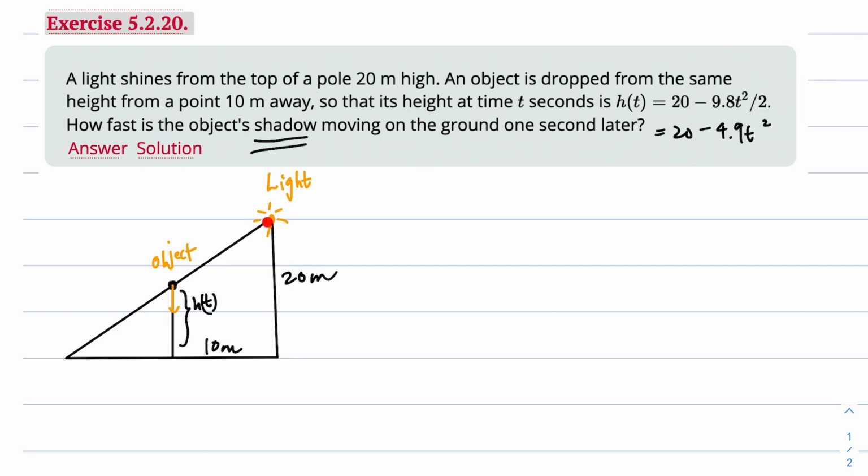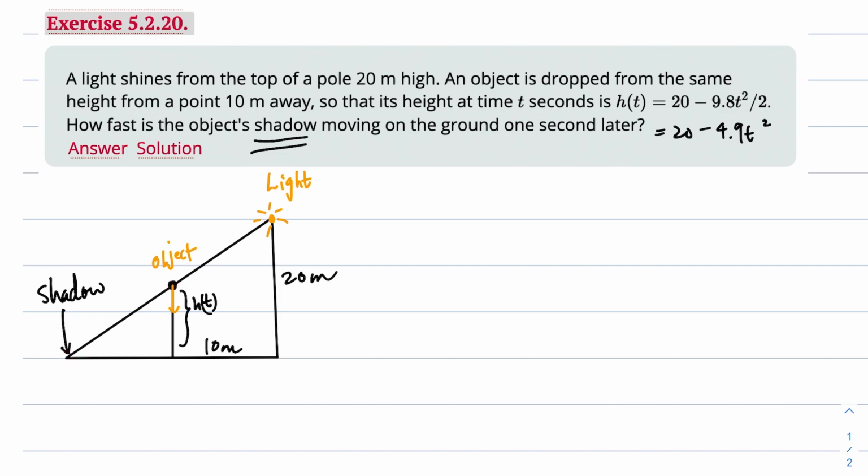The light's rays are being emitted, and the shadow is going to be cast right here because this ray coming from the light towards the object will never meet the ground, and so it'll leave a shadow right here. So you have to recognize that this is the shadow.